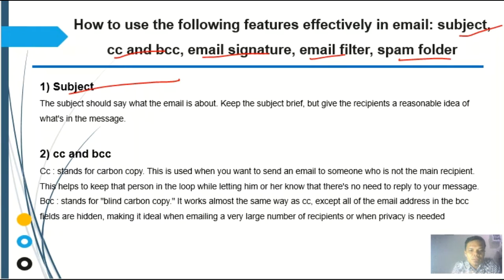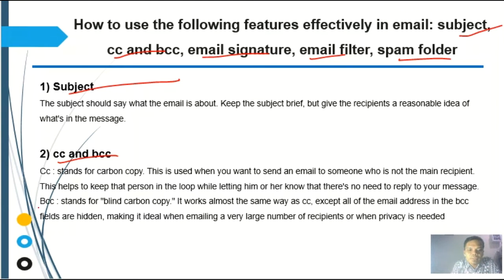And the next, number two, CC and BCC. CC is used when you want to send an email to someone who is not the primary recipient. This helps the person stay connected while letting them know there is no need to reply to your message.